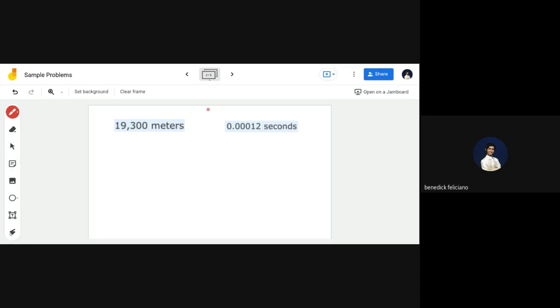So first we have two examples here, 19,300 meters and 0.00012 seconds. We want these in scientific notation format. How can we do it?